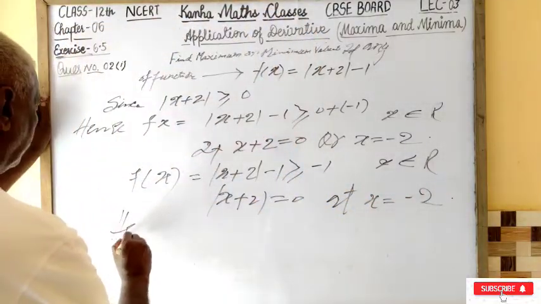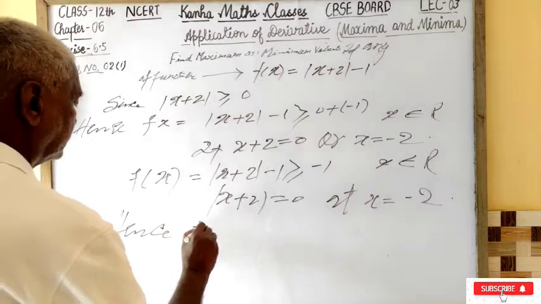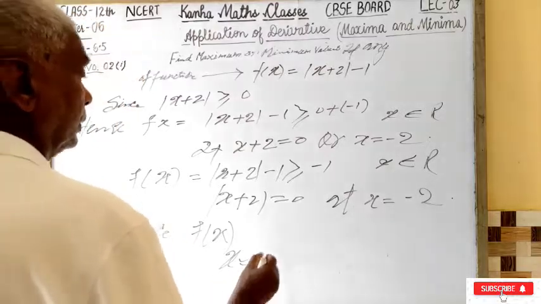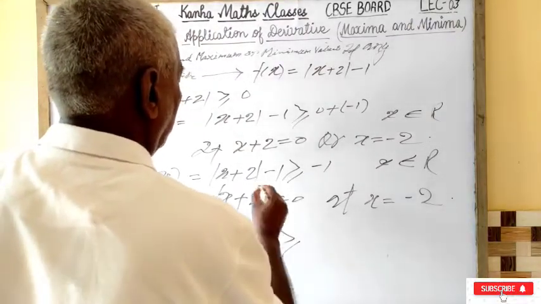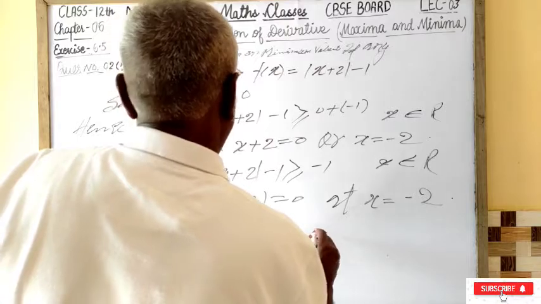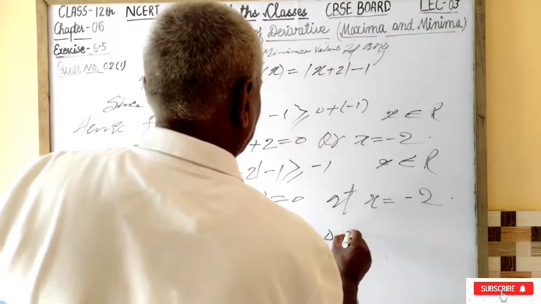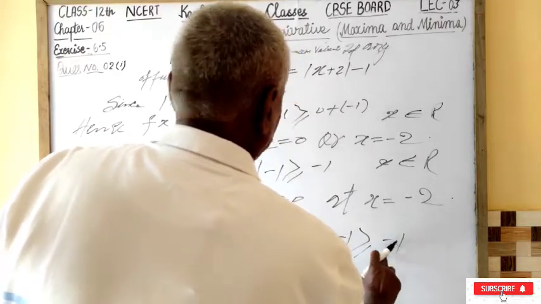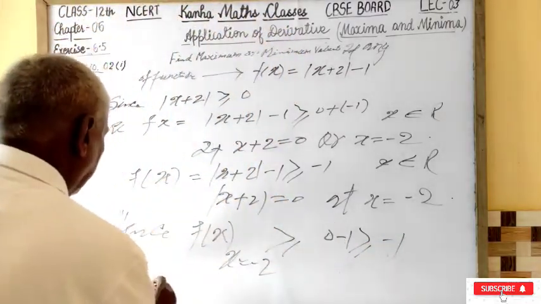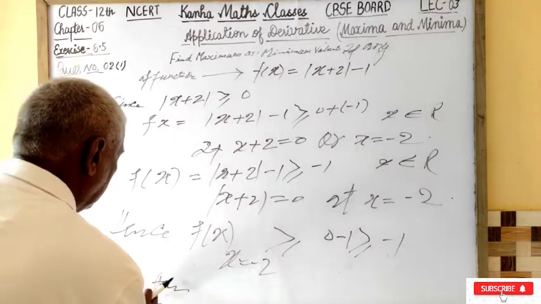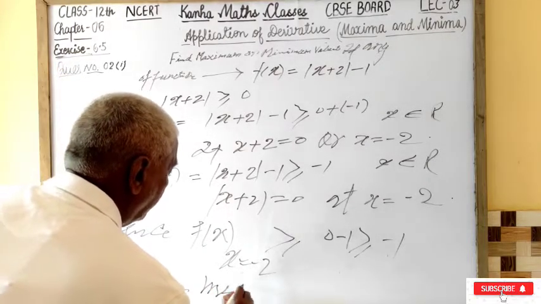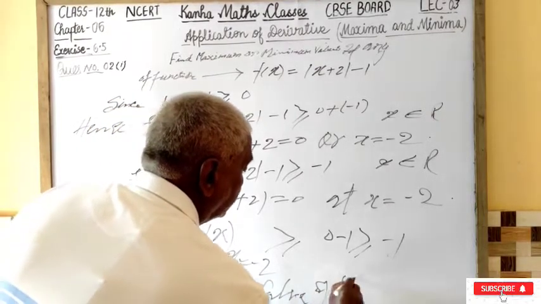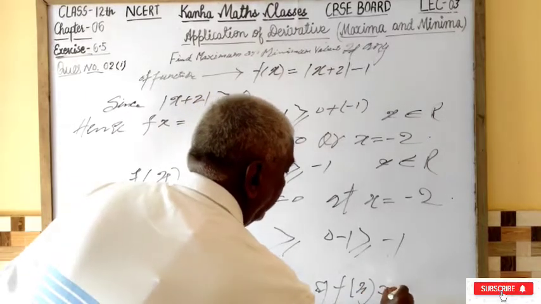Hence f(x) at x = -2 equals 0 - 1, that is -1. Hence the minimum value of f(x) is -1.